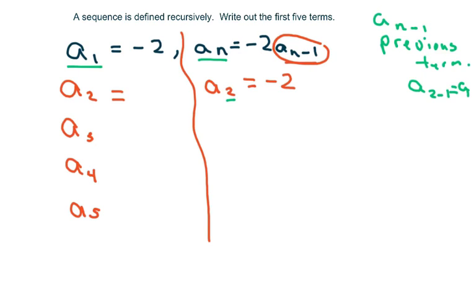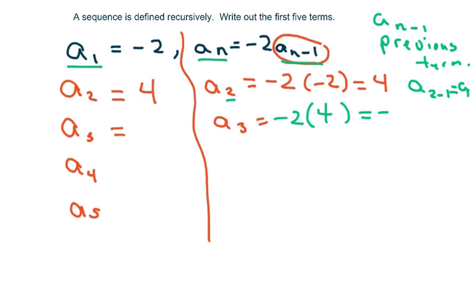Our previous term, a sub 1, is negative 2. So a sub 2 equals 4. All right? a sub 3 is, copy down the negative 2, times, and just read this as the previous term. The previous term was 4. So that gives you negative 8.